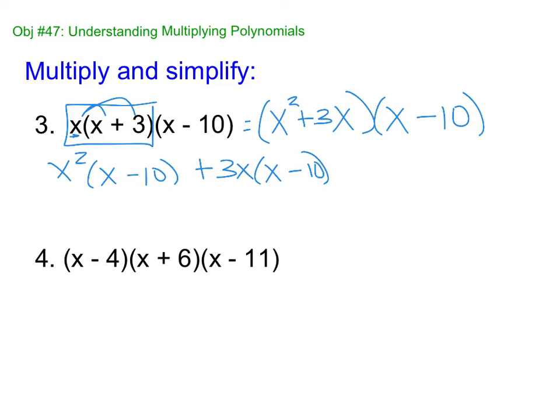All right, so go through, distribute, what do you get? So we get x cubed minus 10x squared plus 3x squared minus 30x. Did I do something wrong?